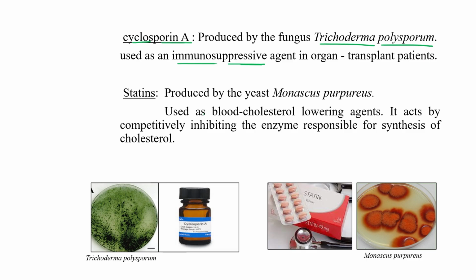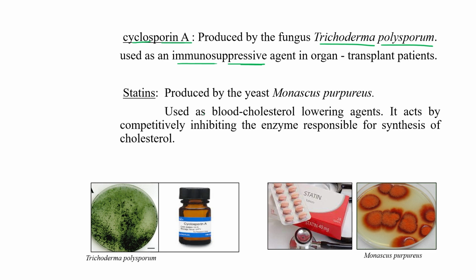If someone needs a kidney or some other vital organ, and the organ is transferred from an individual to the patient, the patient's body sometimes shows immunological reactions, because our immune system can analyze what is self and what is non-self.